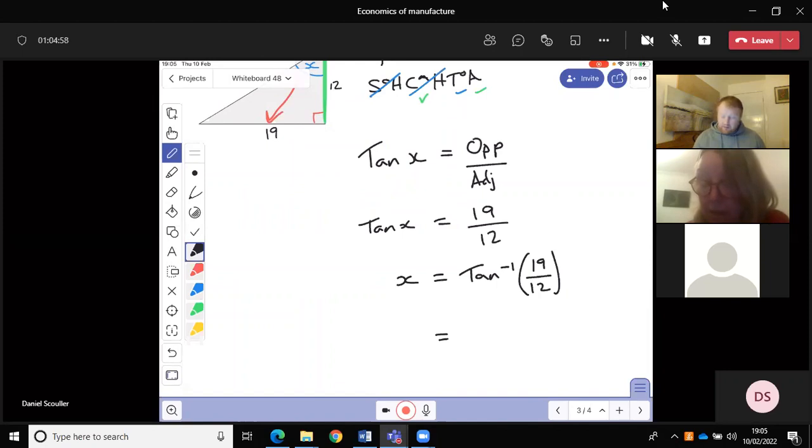Now I'm getting 57.72, and then the wee degrees sign up the top there. Okay, everyone seen 57.72? Nice one, superb.